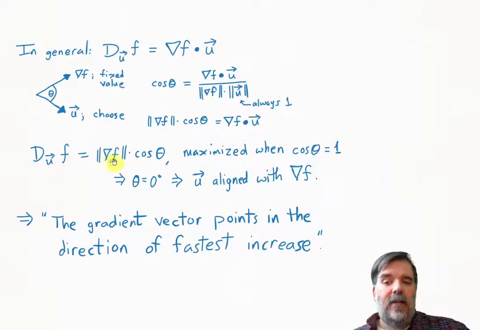Since the length of the gradient is a fixed constant, this expression is maximized when cosine theta equals 1, which again means that theta is 0 degrees, which again means that the unit vector u, to maximize it, should be aligned with the gradient. The takeaway sentence here is that the gradient vector points in the direction of fastest increase.